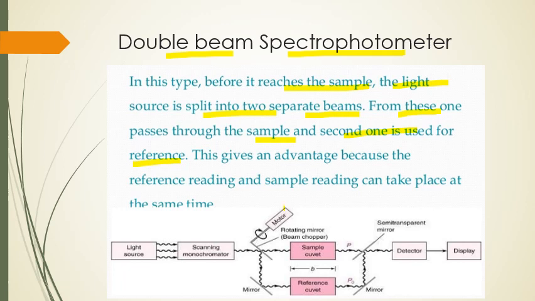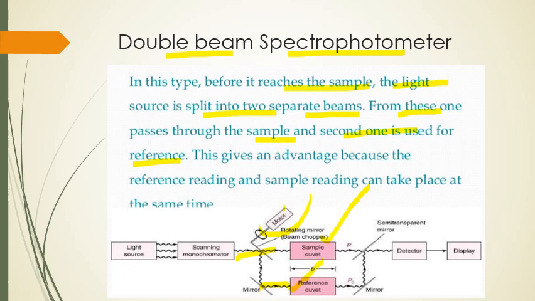You are able to see here we have this beam which divides into two equal halves, and one passes through the sample holder, the sample cell, and the other is passed through the reference cell.